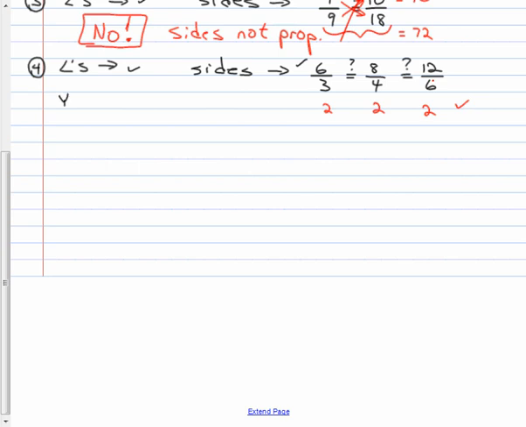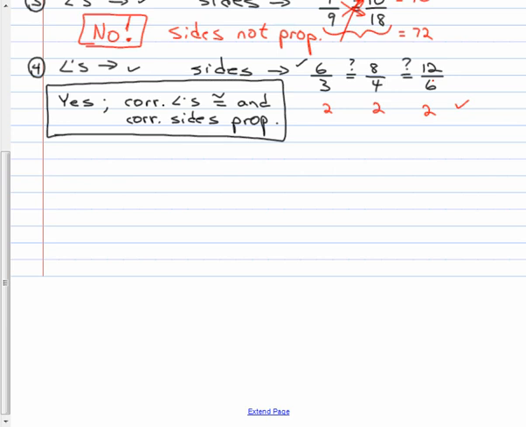So I can say yes, those are similar, and the reason: corresponding angles congruent and corresponding sides proportional. Both of those have to be true if we are going to have similar figures. And we did. We had similar figures.